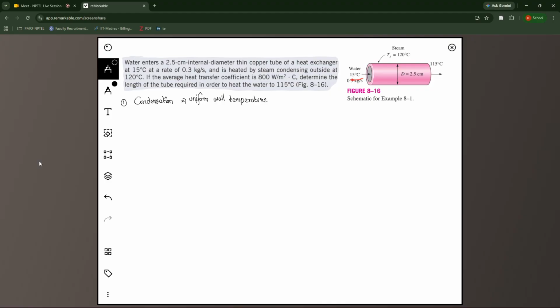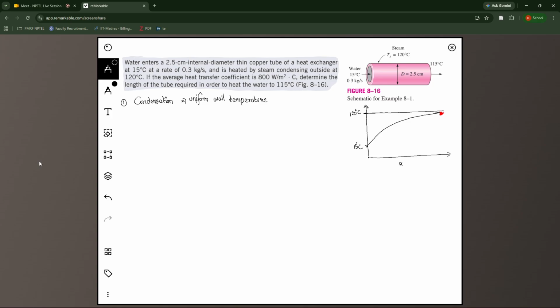Because this is a uniform wall temperature, the water will keep on taking heat from the steam, and the temperature of the water will keep on increasing. So if I were to plot as a function of x, initially it will start at 15 Celsius, and eventually it has to reach 120 Celsius. It will go like this. It will actually be exponential, something like this. Only when x tends to infinity will the difference between these two become 0.